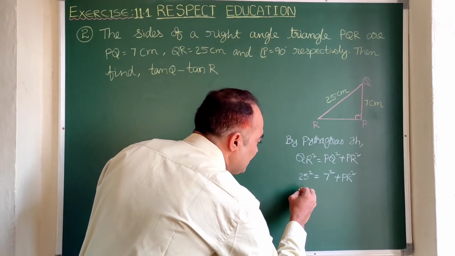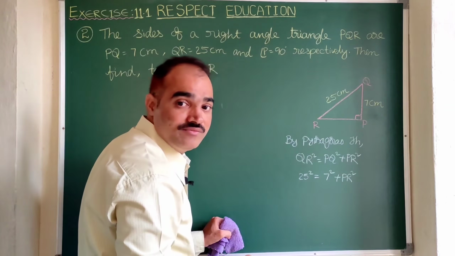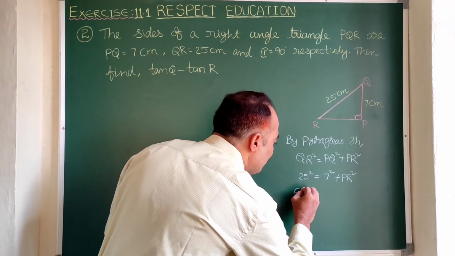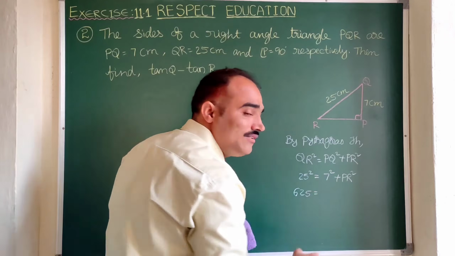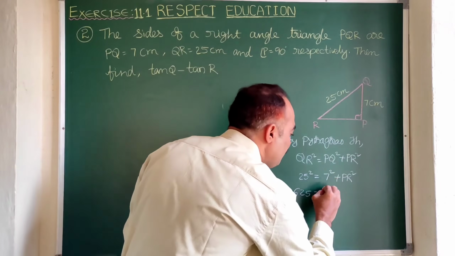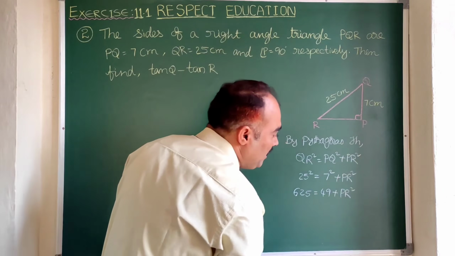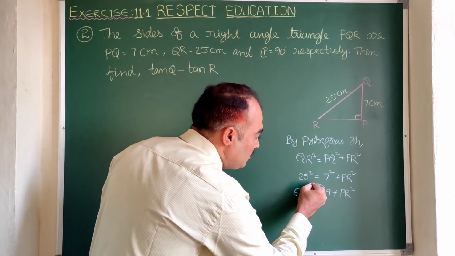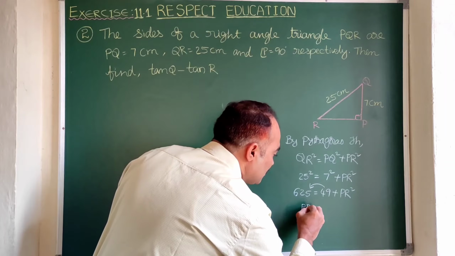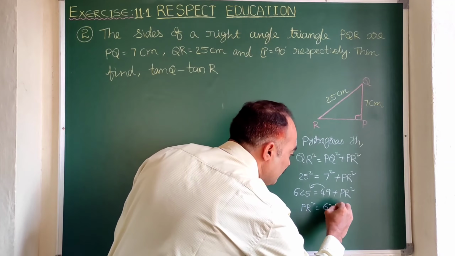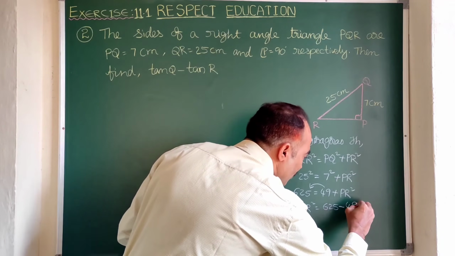Now let us simplify. 25 square is 625, equal to 7 square, which is 49, plus PR square. We need PR square, so let us send 49 to this side. PR square equals 625 minus 49.